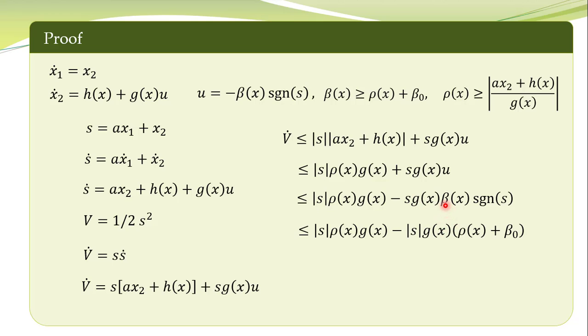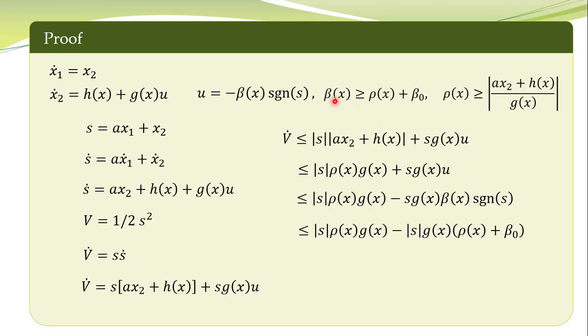And what is beta of x? Beta of x is greater than or equal to this thing. So we have substituted here a smaller term because there was a negative sign over here. So this overall expression will be greater than or equal to this expression, because here we have substituted a smaller term.